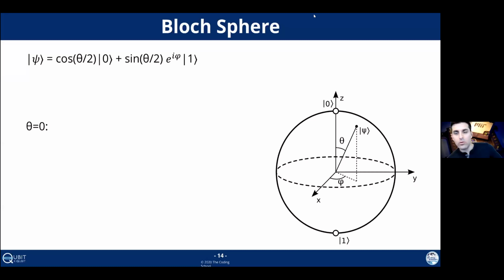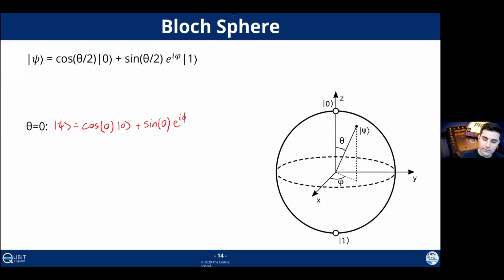Okay, I'm going to end the poll in a couple of seconds. And again, a good number of you gave the correct answer. So if theta is equal to 0, my psi is going to be equal to cosine of 0 divided by 2, which is 0, times the 0 state, plus sine of 0 times e to the i phi.